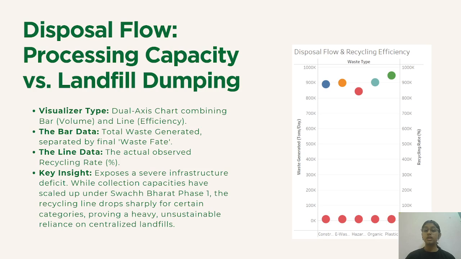The processing capacity is comparatively low as compared to the landfill dumping. For this, I used a bar graph and also a line for the efficiency gain. The bar data shows total waste generated separated by the final waste fate, and the line data is used to observe the recycling rate.